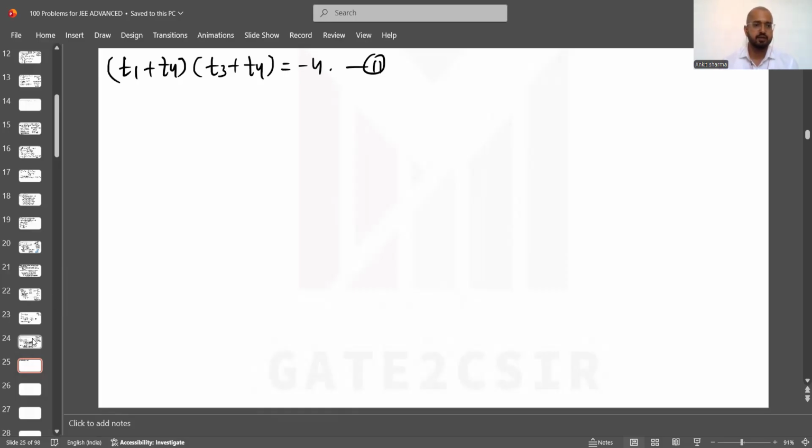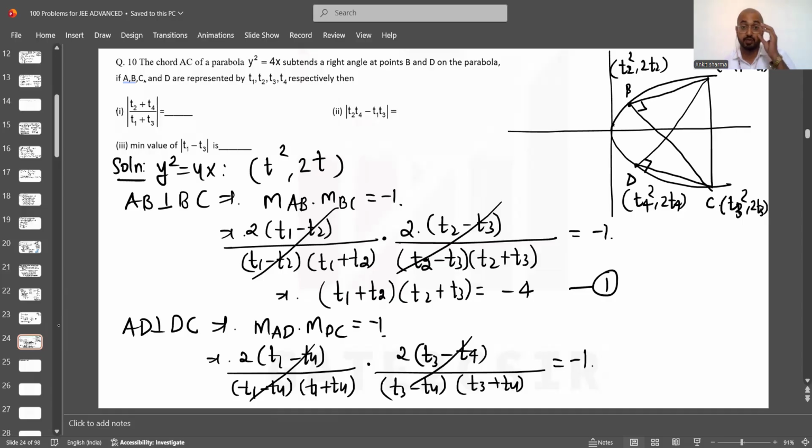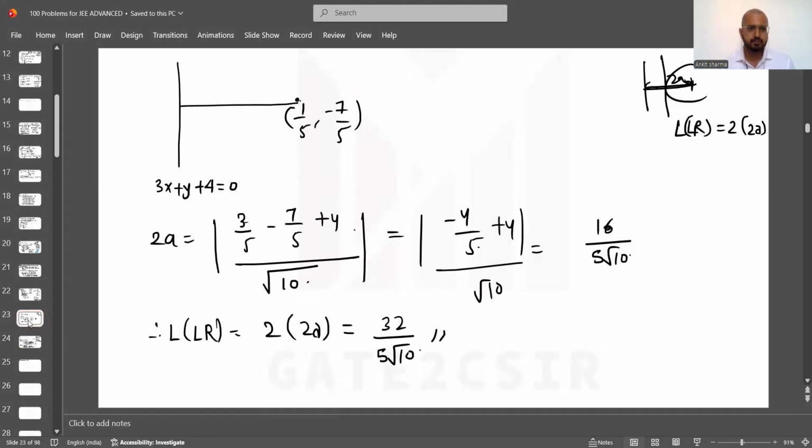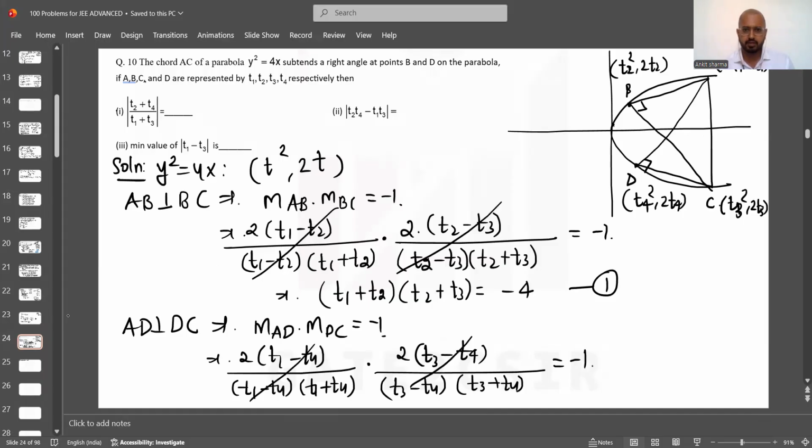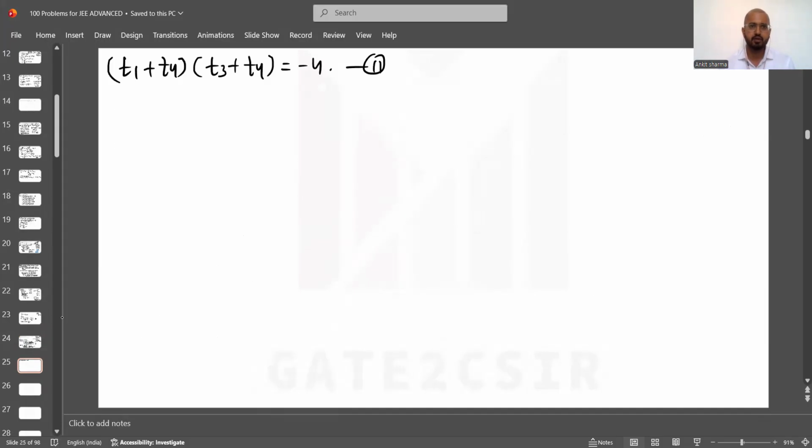Now we have no other information. That means we need to complete the problem using this much. So what we can do here is get this equation, (t1 plus t2) into (t2 plus t3) is again minus 4, given.